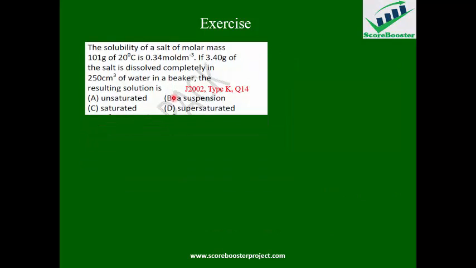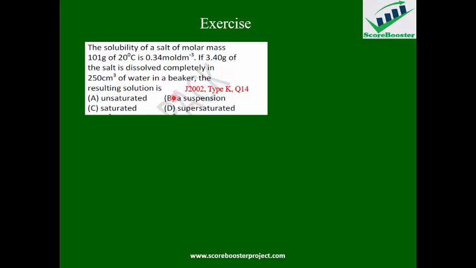The solubility of a salt of molar mass 101 at 20 is 0.34. If 3.4 grams of it is completely dissolved in 250 cm cube in a beaker, what is the resulting solution? This one is a bit more involved, but it's not difficult.